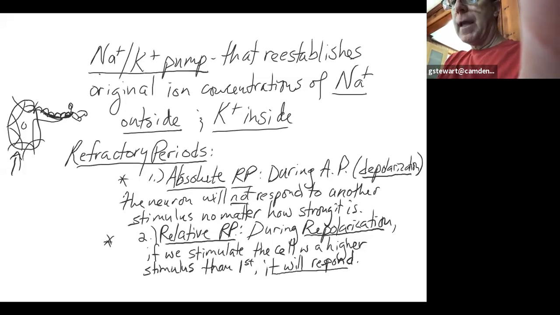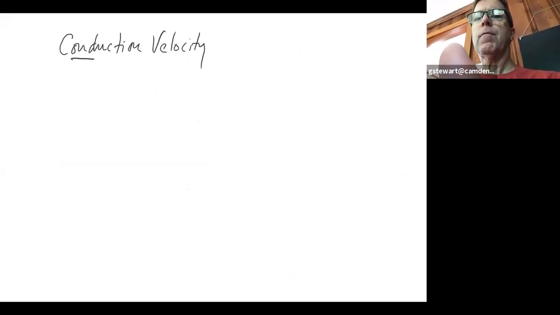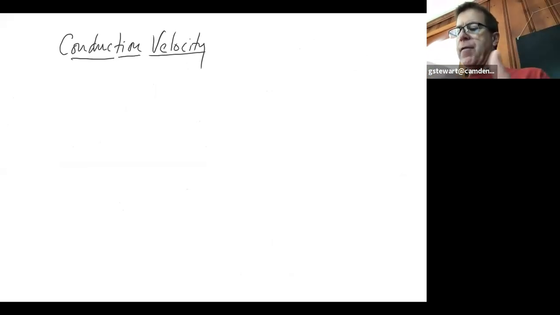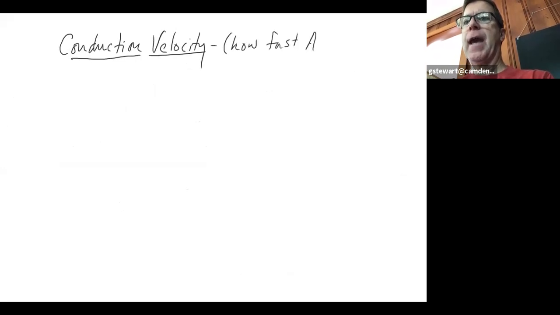All right, let's get to the end of this lecture. And I just need to talk about conduction velocity. The rate of impulse propagation, that means how fast a nerve fires its electrical impulse, how fast the action potential travels along that axon. That conduction velocity is dependent on two things.